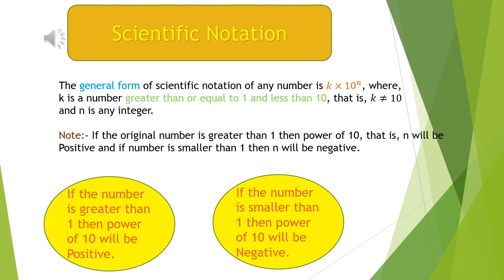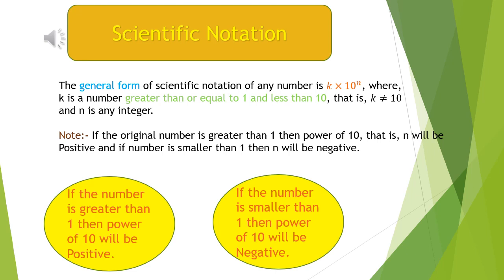Now, another concept of your chapter is scientific notation. We did an activity related to scientific notation and we know very well what scientific notation is. The general form to represent any number in scientific notation is k multiplied by 10 raised to the power n, where k is a number greater than or equal to 1 and less than 10.